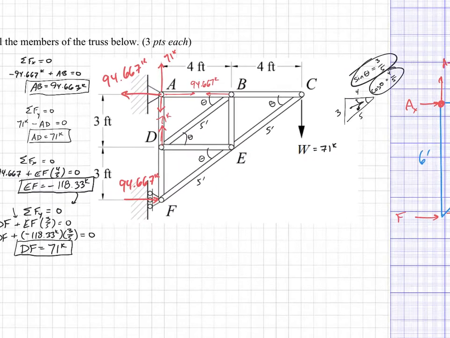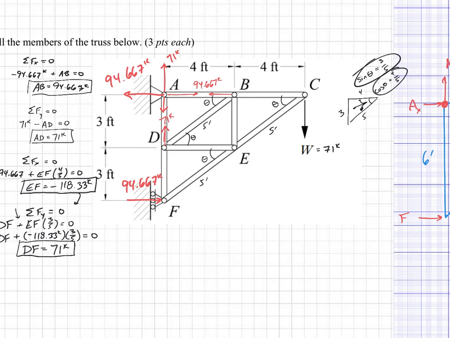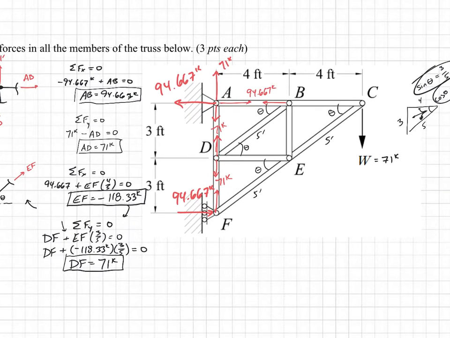So now I've got this one in tension, 71 kips, and this one in compression, pushing out, 118.33. This E still has 3 unknowns, but D we can do.